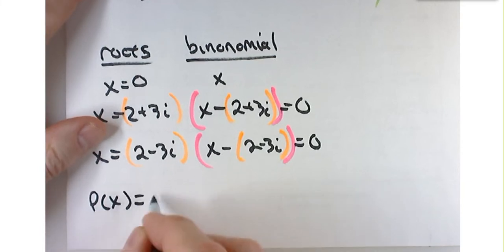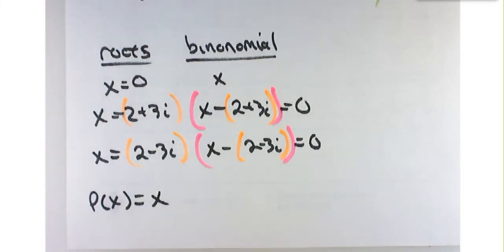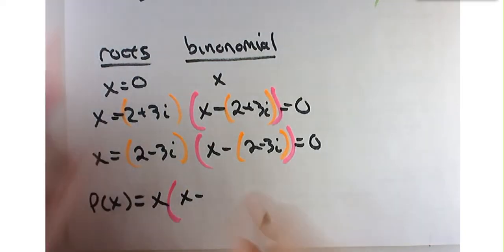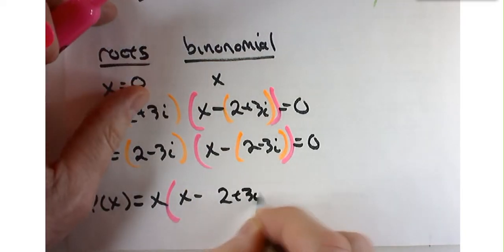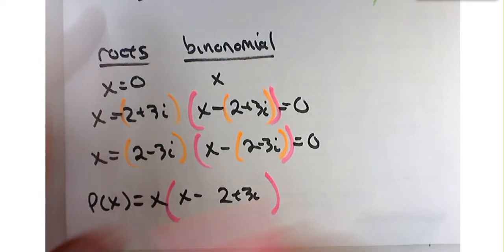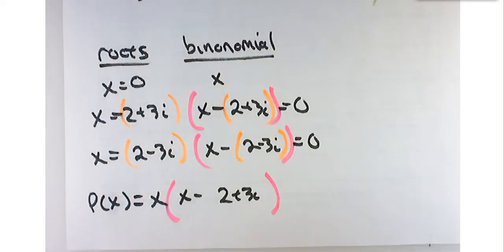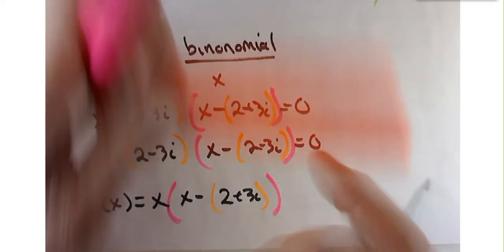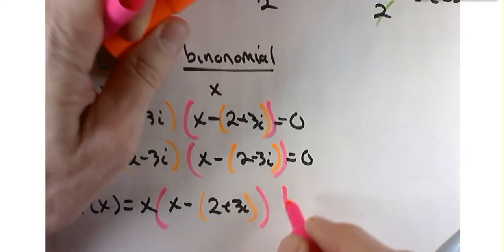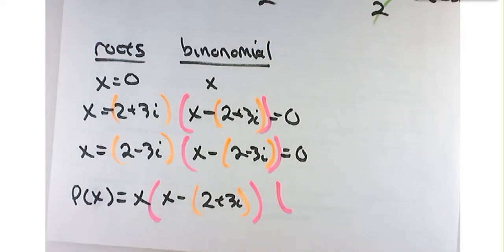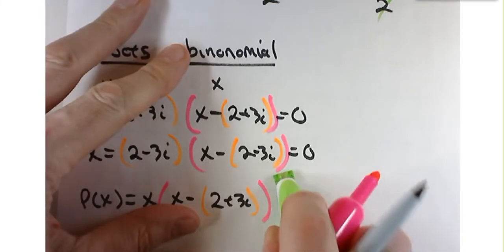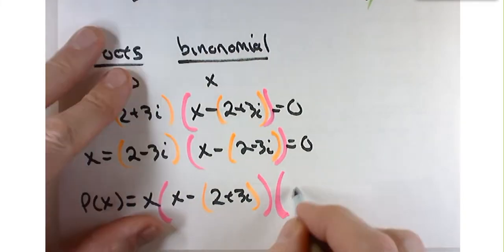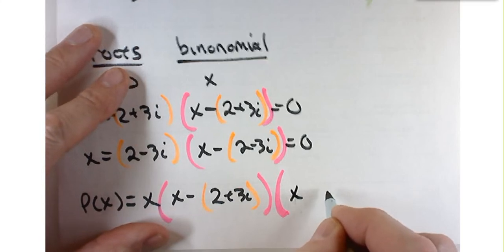P of x is x times this one, x minus 2 plus 3i. And then I'll put the parentheses around that. And then another set of pink parentheses. Oh, rats. Juggling too many markers here. How about that? And then x minus 2 minus 3i.